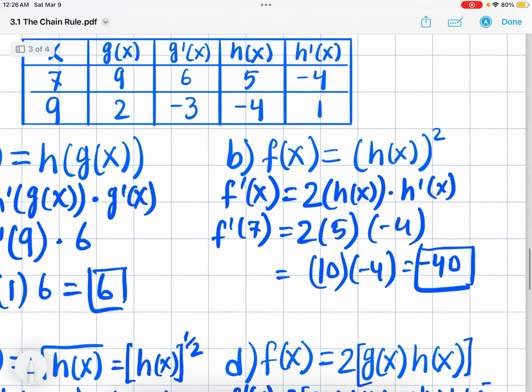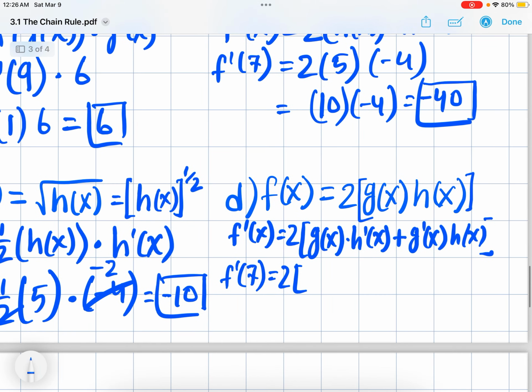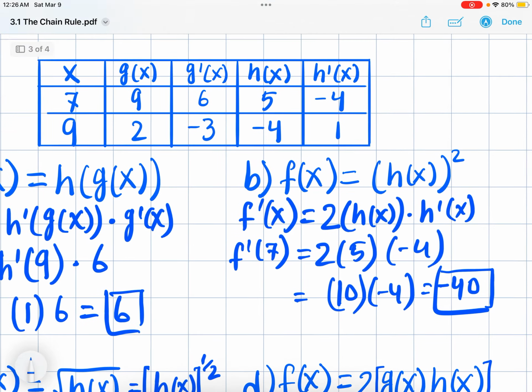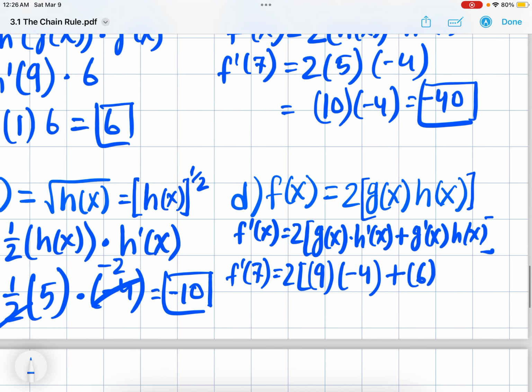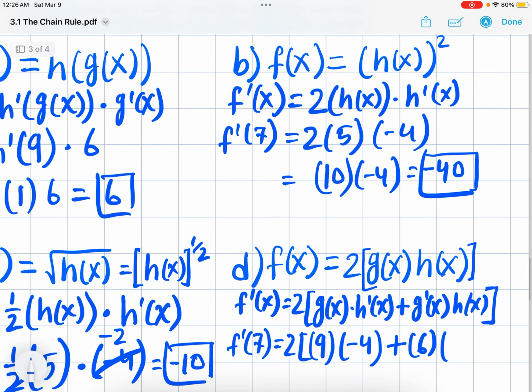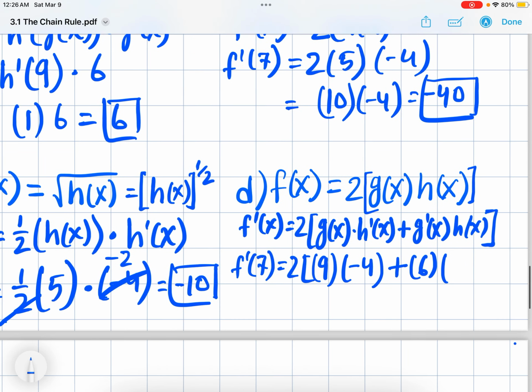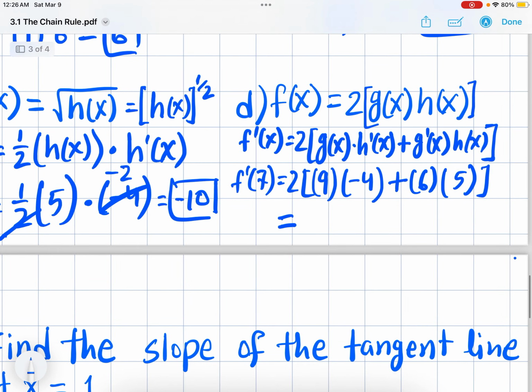So g of x at 7 is 9, h prime at 7 is negative 4, plus g prime at 7 is 6, and h of x at 7 is 5. Okay, if you do, it's gonna get negative 12.